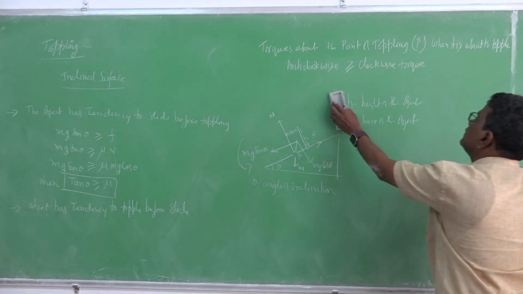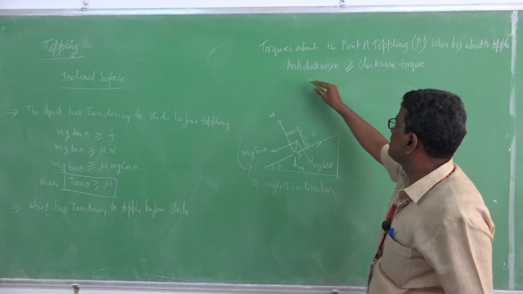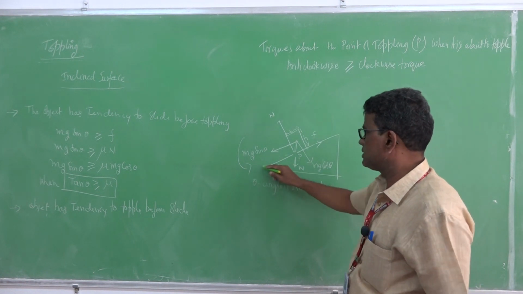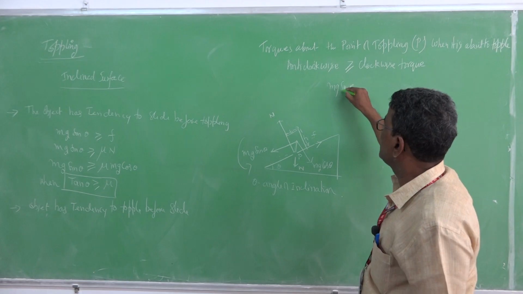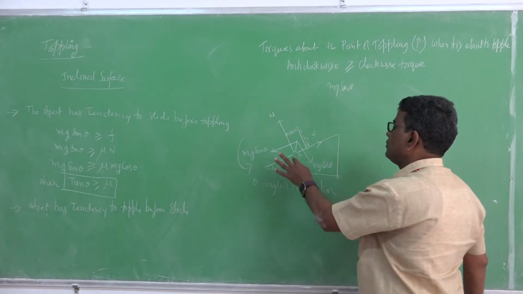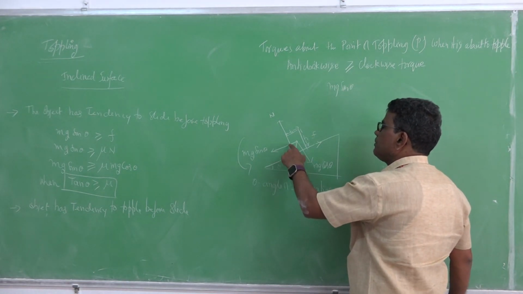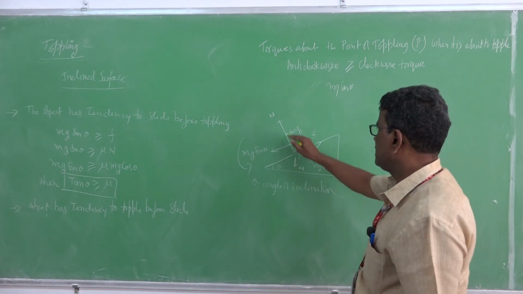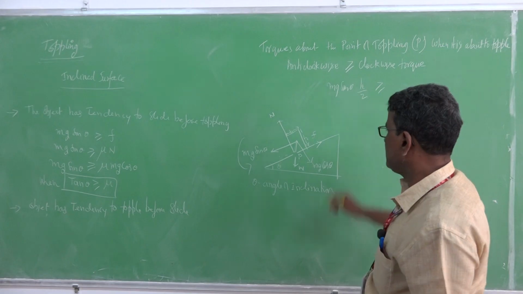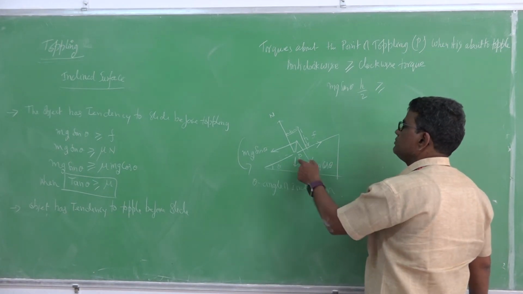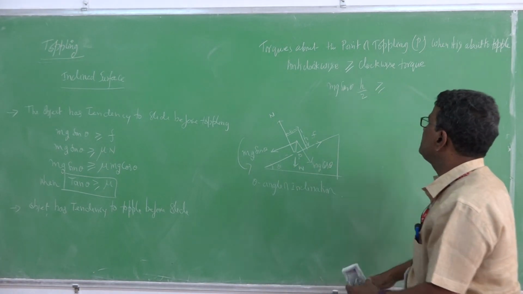The anti-clockwise torque is mg sin theta into the perpendicular distance h by 2, which should be greater than or equal to the torque of mg cos theta into b by 2.